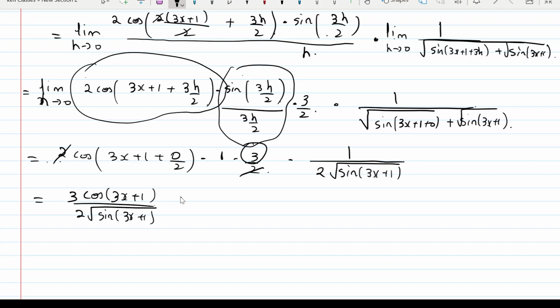Should I do one more problem? Let's do that tan square x, last problem. What happened to the f of x is equal to tan square x.